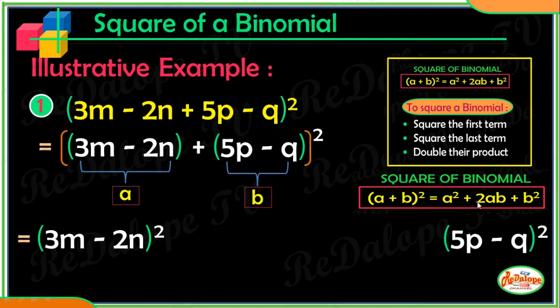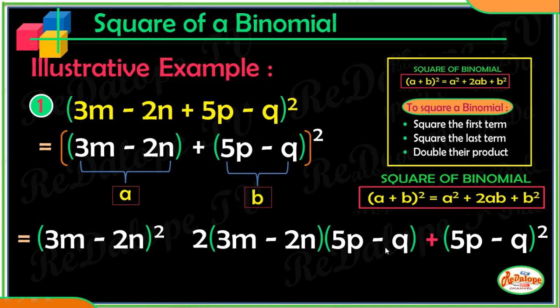And then the middle term should be the product of the first and the second term, times 2. So we have twice the product of 3m minus 2n multiplied by 5p minus q. And what would be the sign? Since the sign is positive here, the middle term should carry a positive sign.